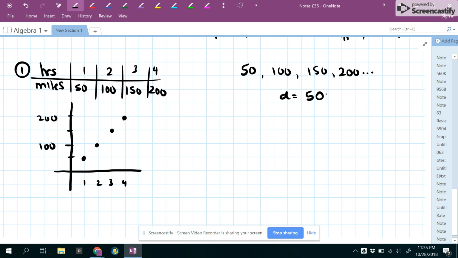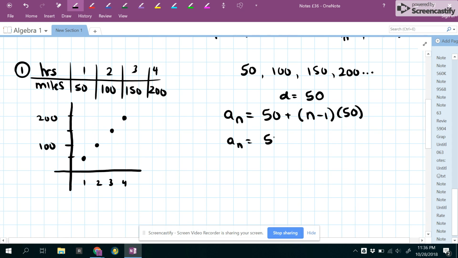Since you know the common difference, you can write an equation. A sub n equals a sub 1 plus n minus 1 times the common difference. So a sub n equals 50 plus 50n minus 50. A sub n equals, the 50s cancel, 50n.